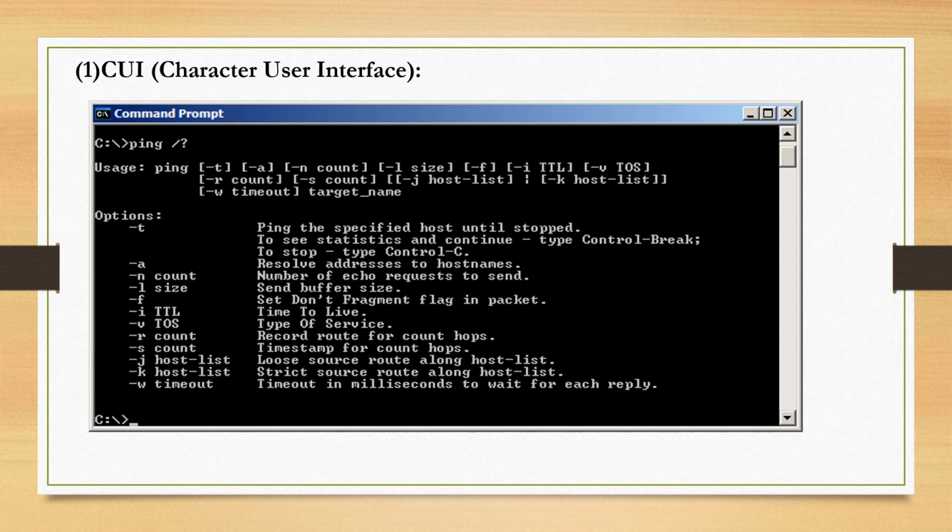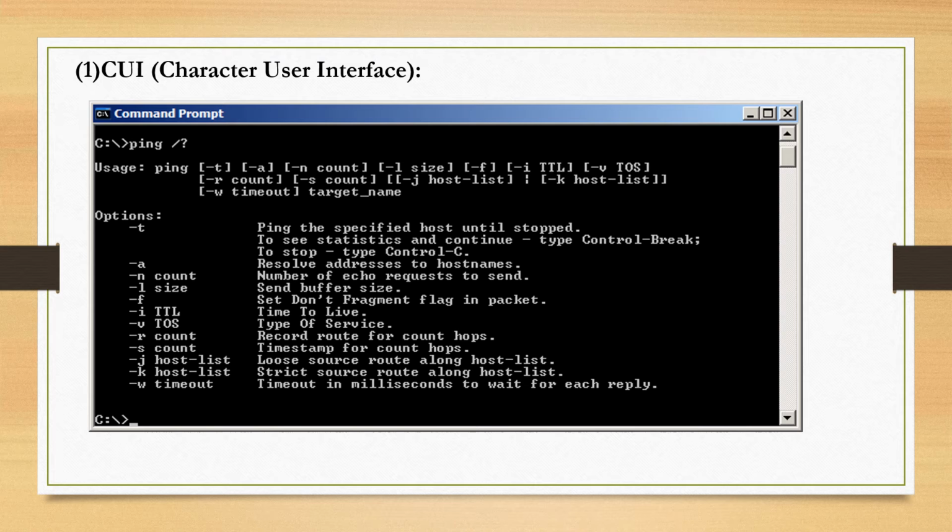Like grammar has its own rules and formulas, here when we have to give commands to the computer system, we have to write something and then the computer is going to work accordingly. Such commanding is called character user interface.